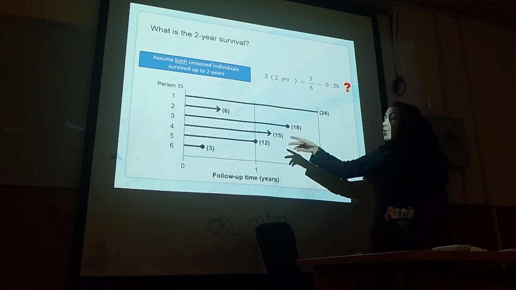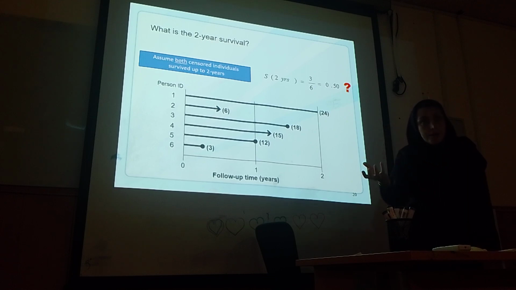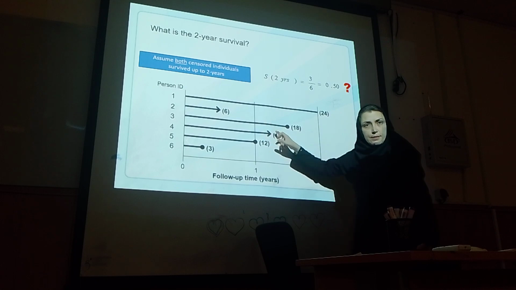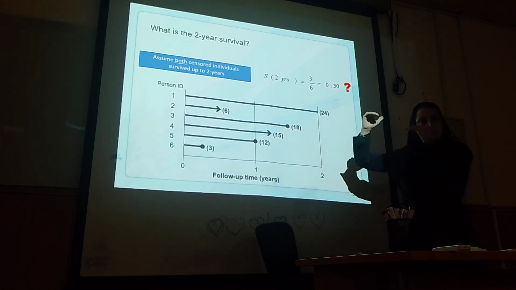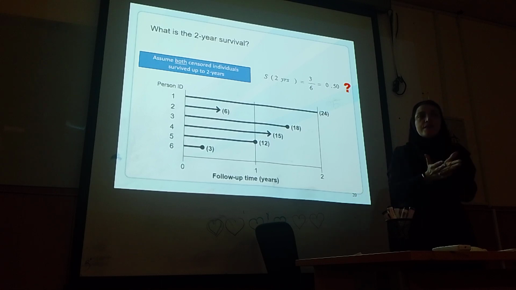So if we want to calculate the incidence rate of, for example, deaths, we don't know if they are in the numerator or not, because we don't know their events, their situation.